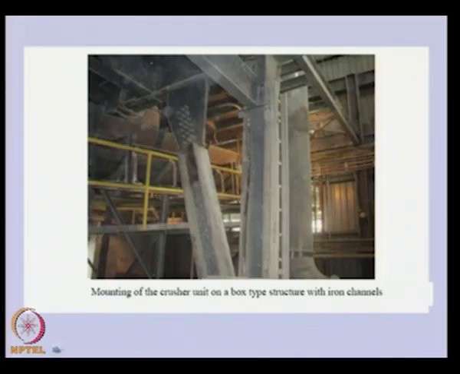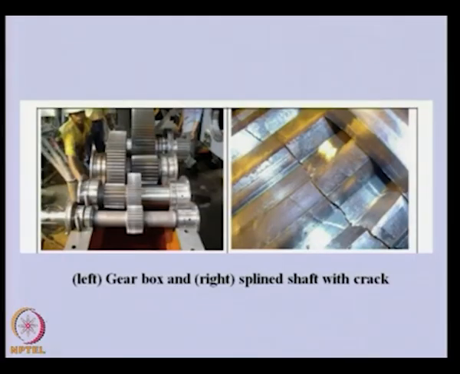So, we took measurement of that particular vibration, and then after 1 week of that there was a total shutdown of the plant, and this is the typical gearbox they took out and tried to find out where the failure of the machine took place.